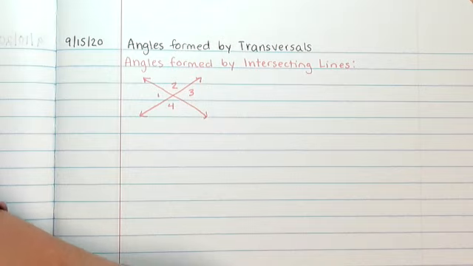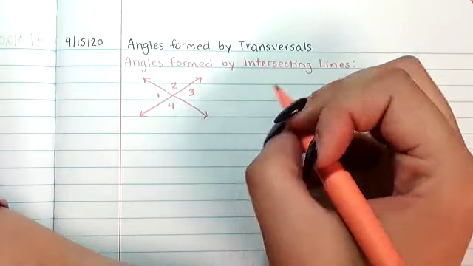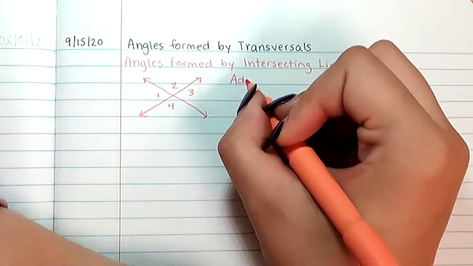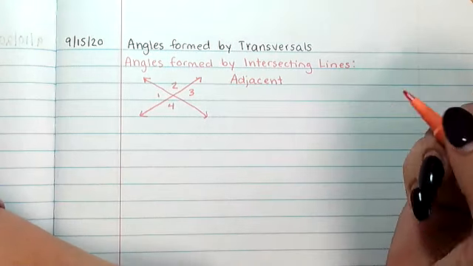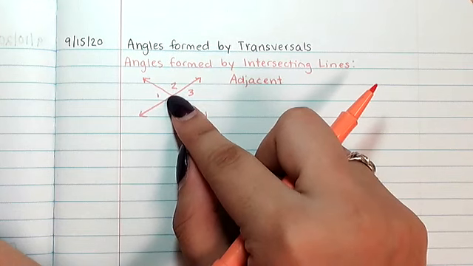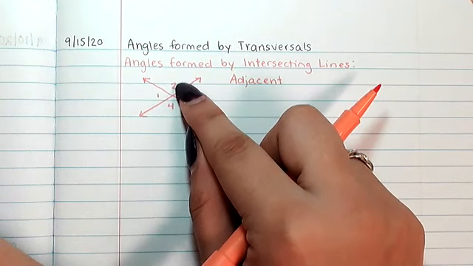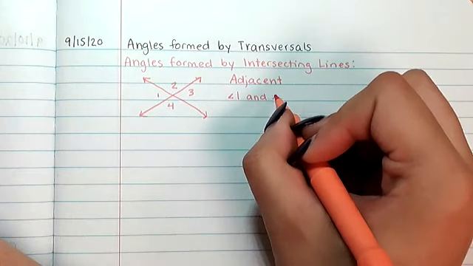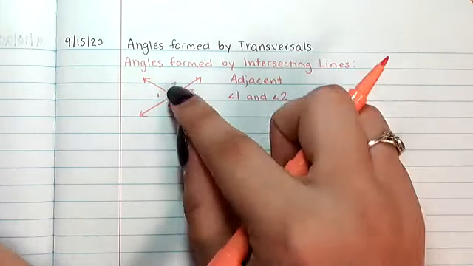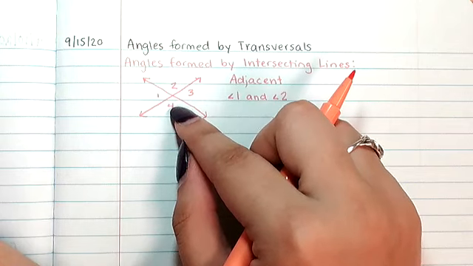So when we look at this picture right here, let's identify some adjacent angles. And these are angles, again, that share a side. So 1 and 2 share a side, 2 and 3, 3 and 4, and 1 and 4.